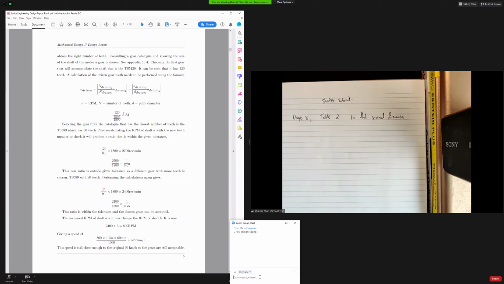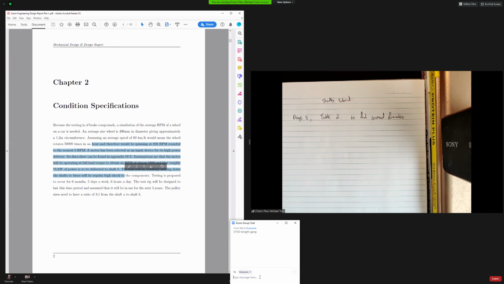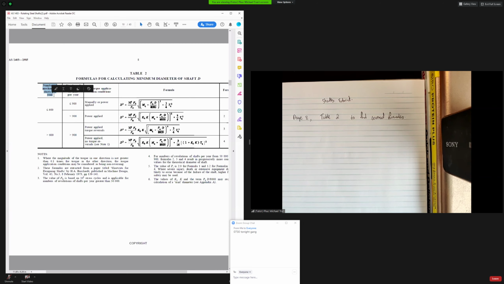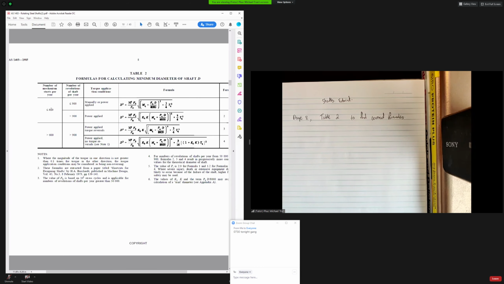All right. So looking at the operation, it says you can guess how many mechanism starts per year. So how many times will this shaft start? Because we're only going to be operating this for 6 months, you can assume that it's not going to be starting like 5 times a day or whatever it is. So you nail that down. So it's one of these two.